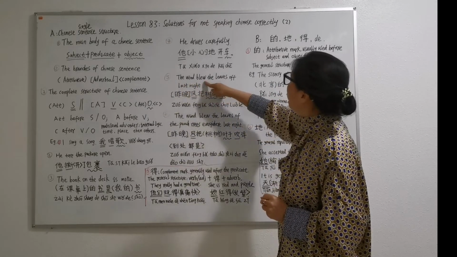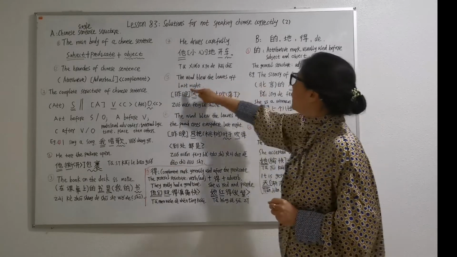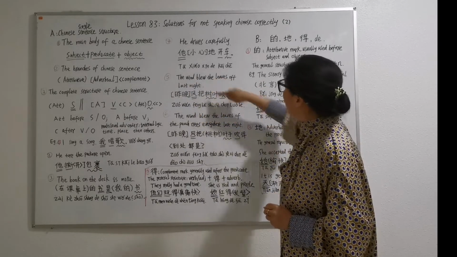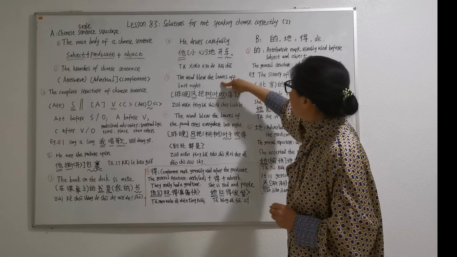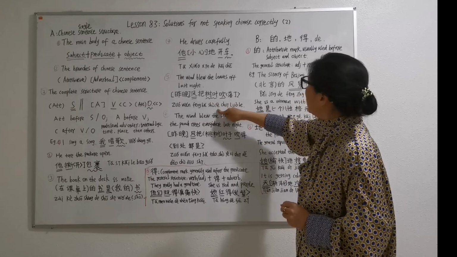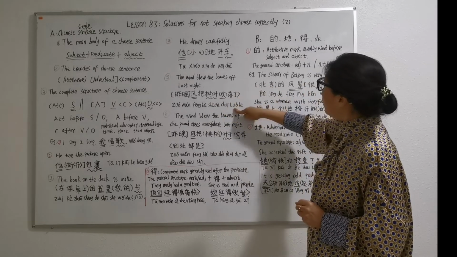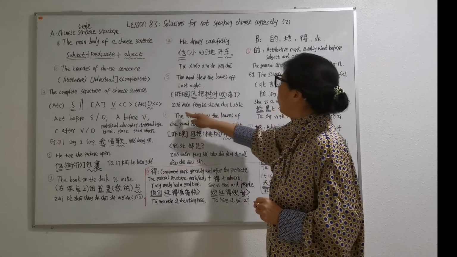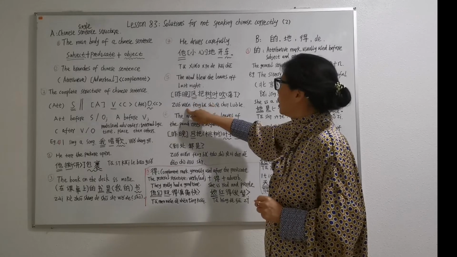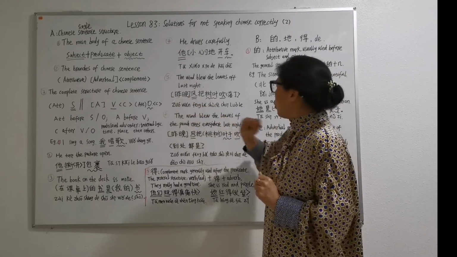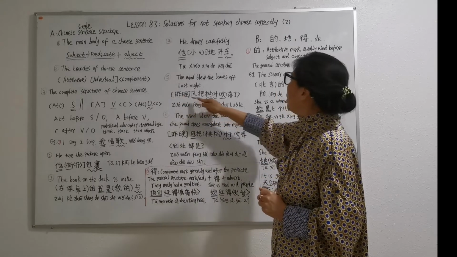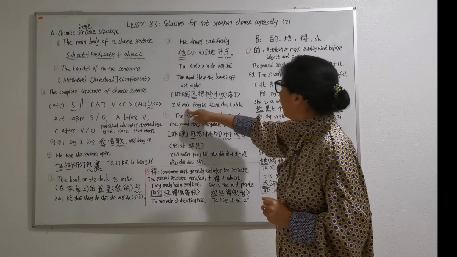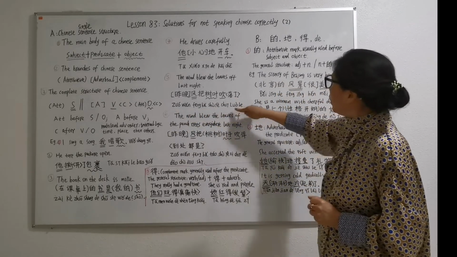Okay, now the fifth. The wind blew the leaves off last night. The wind, 风; blew, 吹; the leaves, 树叶; off, 落了; last night, 昨晚. 晚 is night, 昨 is yesterday. So we say 昨晚风把树叶吹落了.